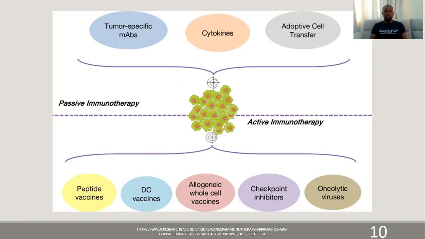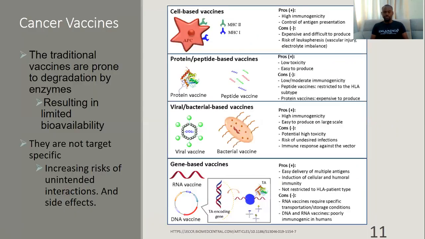As you can see here, we have peptide vaccines. When you hear the word vaccine, you're thinking protection against a virus or something that might infect you. But this time around, the vaccines are used as a therapeutic measure to reactivate the immune system and allow it to fend off and kill the cancerous cells.